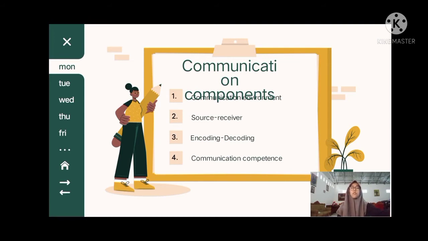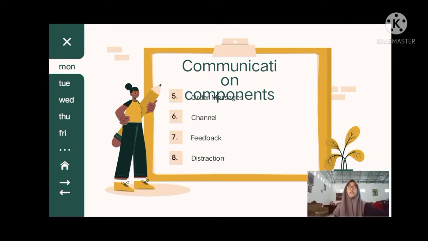And the fourth is communication competence. It refers to a person's ability to communicate effectively. It's according to Spitzberg and Kupets, 1989. These competencies includes a topic whether it is words communicating by listeners or not.